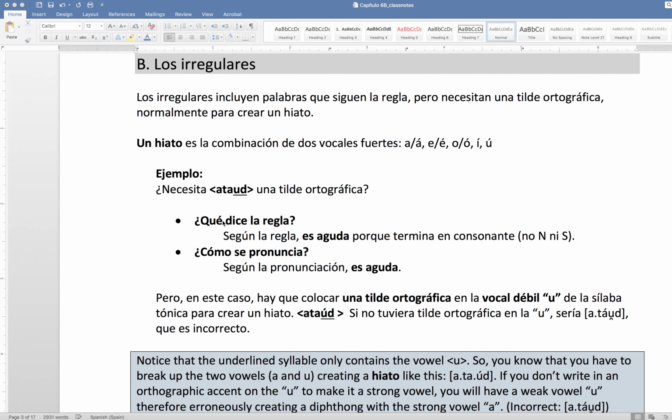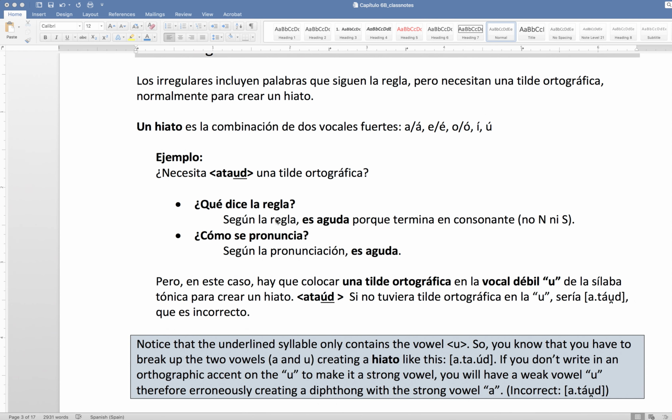So what does the rule say? It ends with a consonant that's not an N or an S, therefore it's aguda, and the way I'm pronouncing it, by looking at the underline, is also an aguda. And like I said previously, if the rule matches the pronunciation, you would need no orthographic accent mark.